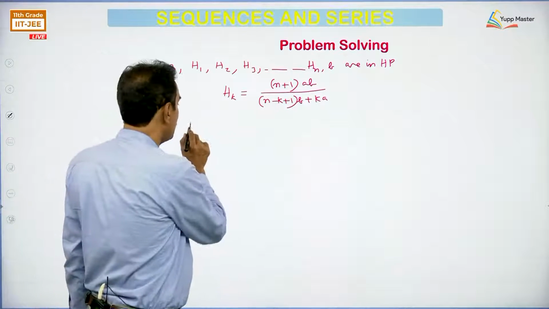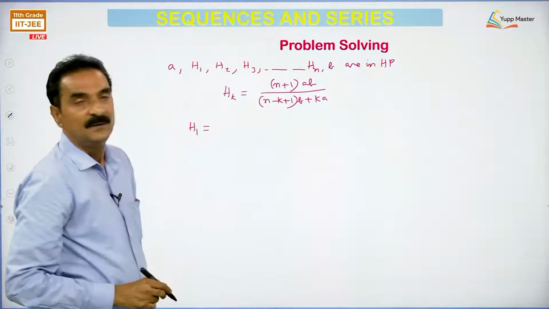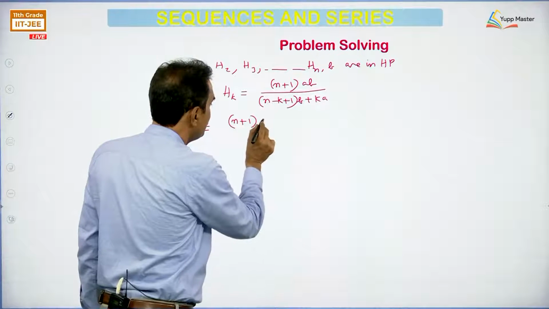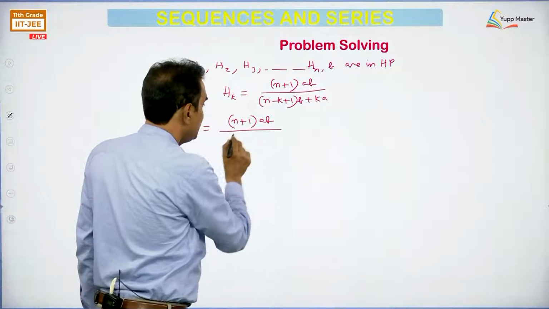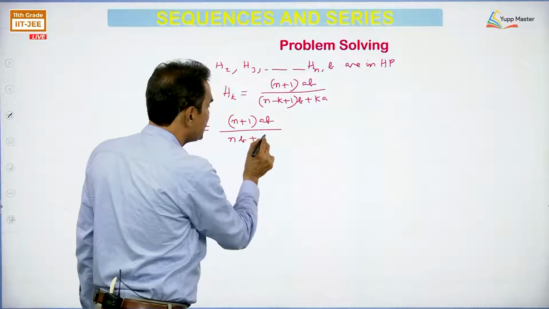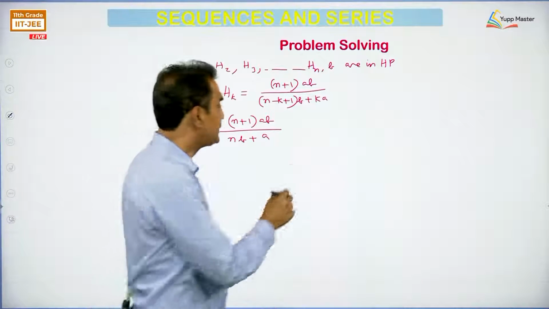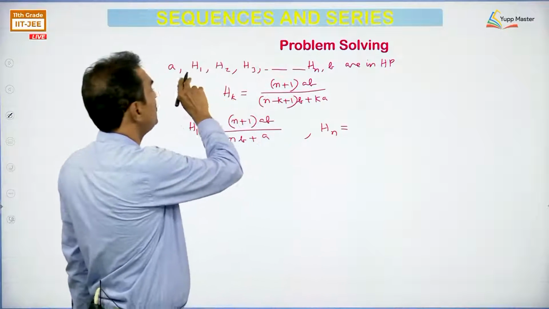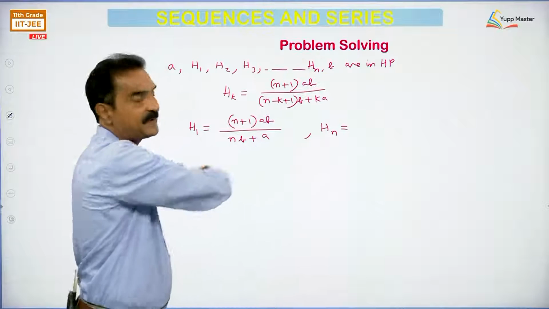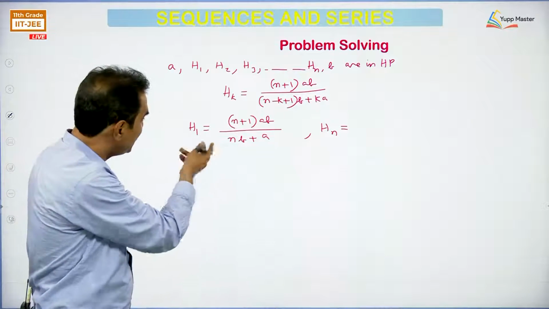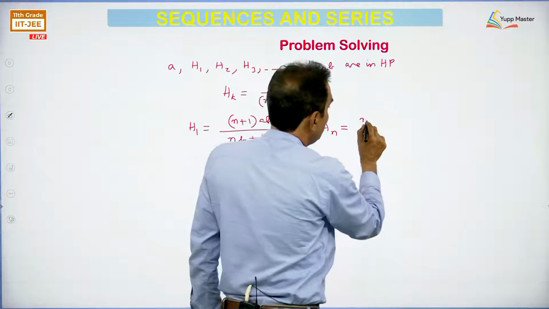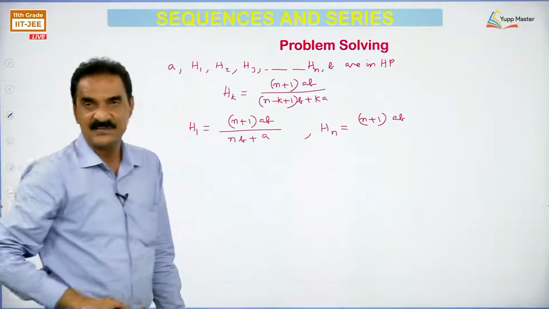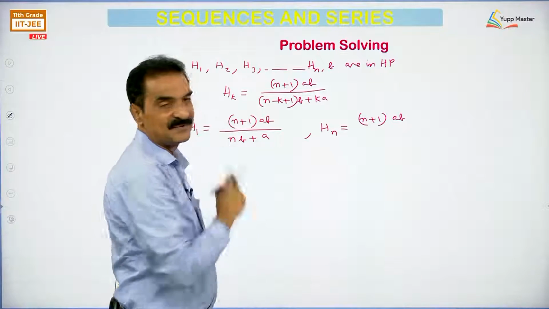So H1 is equal to, take k equal to 1, it will be n plus 1 into AB by nB plus A, and Hn will be equal to, H1 is the first harmonic mean from left, Hn is the first harmonic mean from right. So we can get Hn by just interchanging A and B. n plus 1 into AB, by interchanging A and B, the numerator remains the same, the denominator becomes nA plus B.